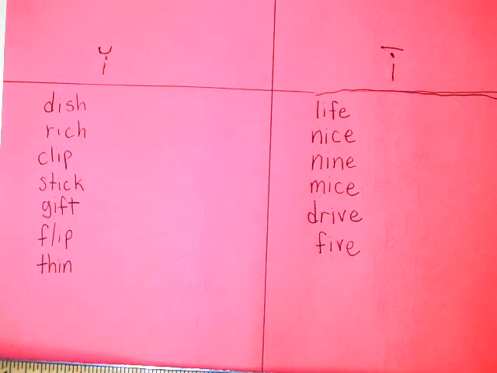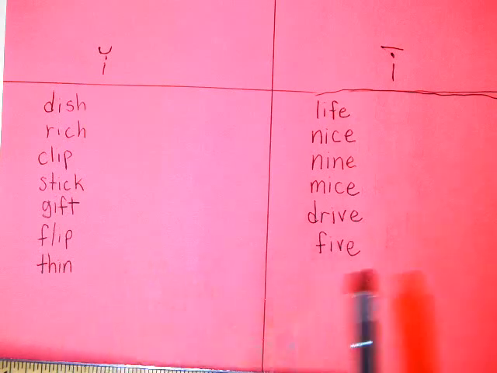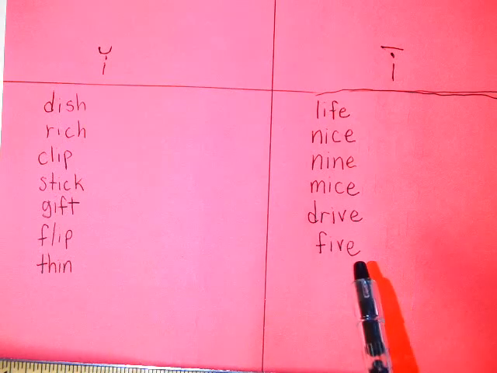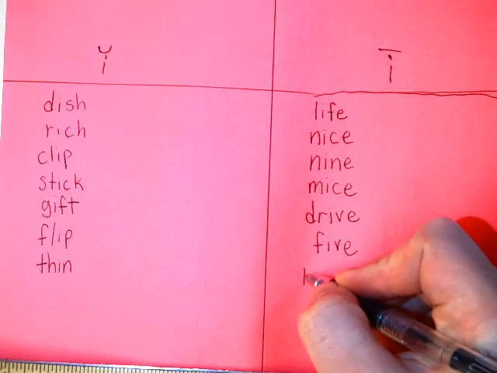Your next word is prize. Prize. If you hear short i in prize, put it here. If you hear long i in prize, put it over here. Prize. It's going to go right over here.